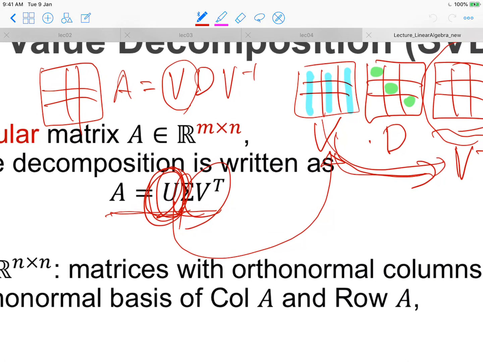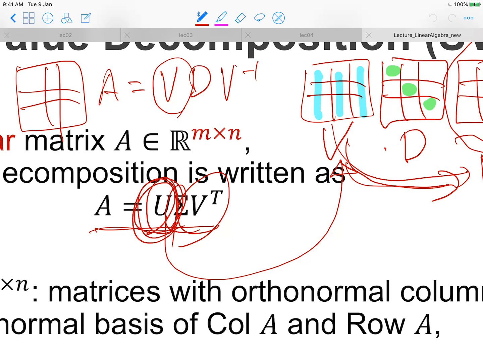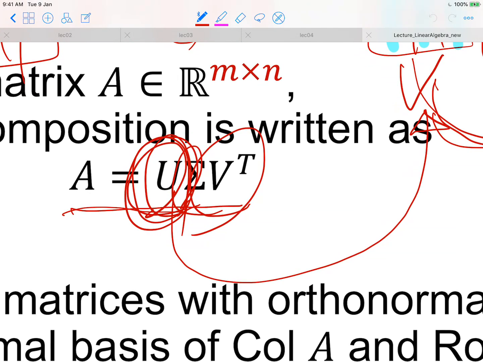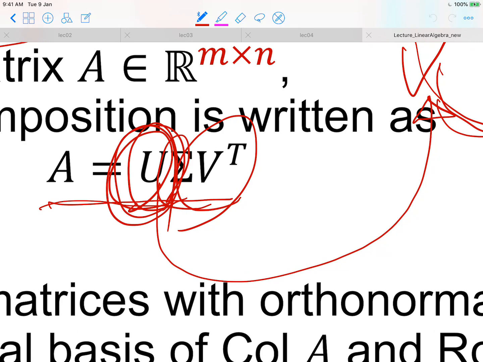In the case of singular value decomposition, we do not have the restriction that the matrix should be square. Our matrix can be any rectangular matrix, right? Comparing eigen decomposition and singular value decomposition, the matrix in the middle is still a diagonal matrix.